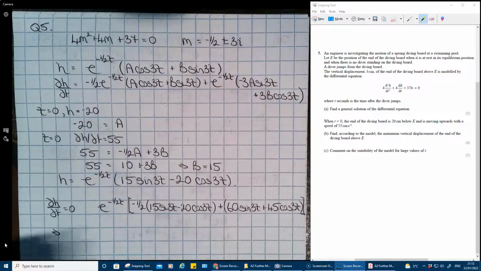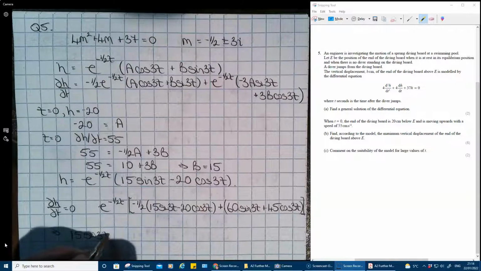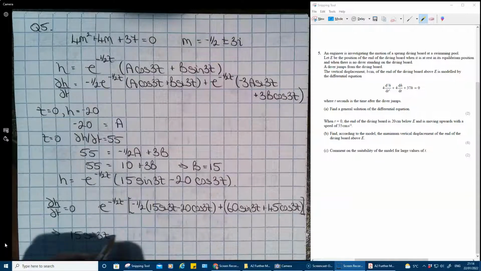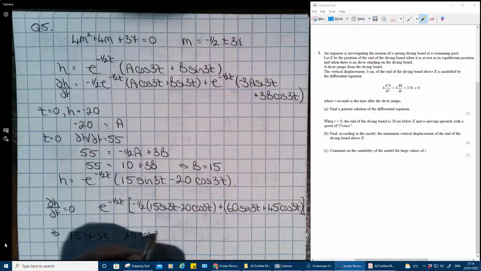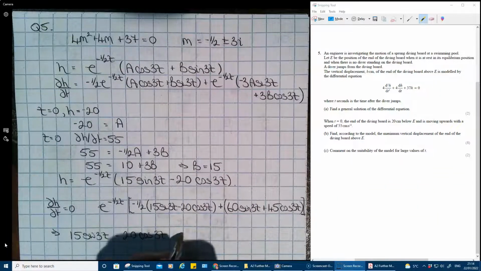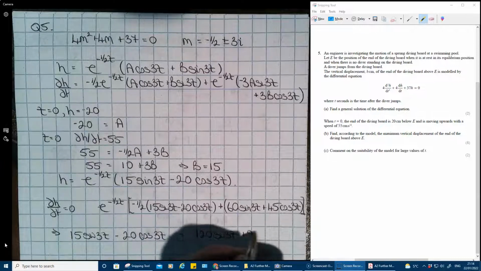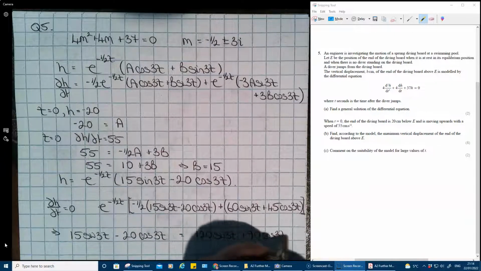So we've got 15 sine 3t, doubling everything, take away 20 cos 3t, and then that equals 120 sine 3t plus 90 cos 3t.